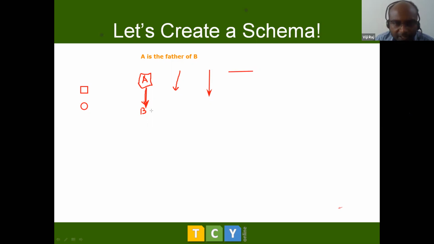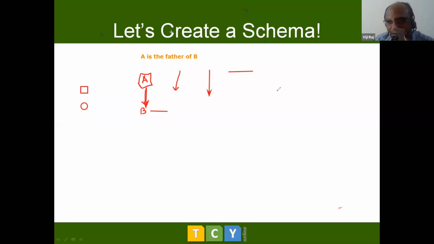So to show that B is sister of C, now B's gender is defined. So I'll put a circle around B. B is the sister of C, but we don't know C's gender, so we will leave it as such, right?